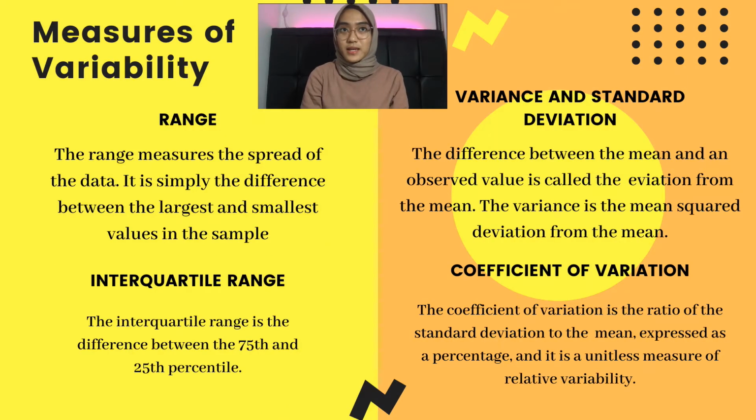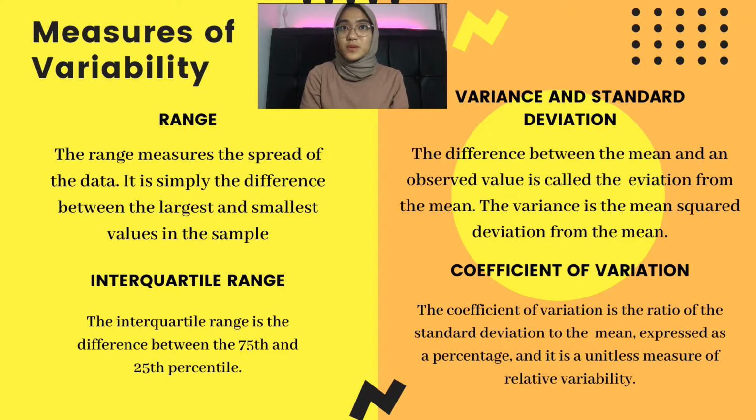Measures of variability. There is the range. The range measures the spread of the data. It is simply the difference between the largest and smallest values in the sample. Interquartile range. The interquartile range is the difference between the 75th and the 25th percentile. Variance and standard deviation.